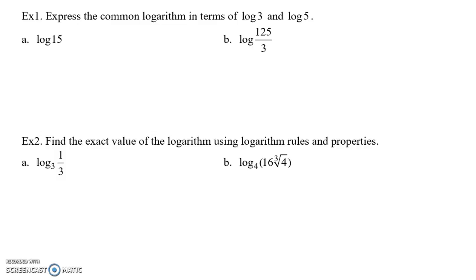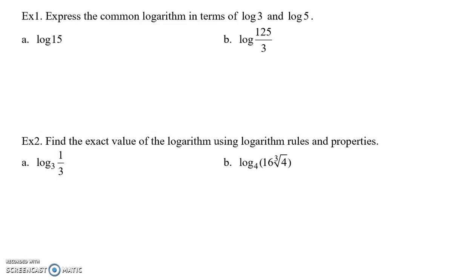So these are common logarithms. That means base 10. Remember, with base 10, you don't have to actually show the base, the subscript of 10. You can just write log, and it's understood that it's a base 10 logarithm. So we'd like to express log of 15 in terms of log of 3 and log of 5.